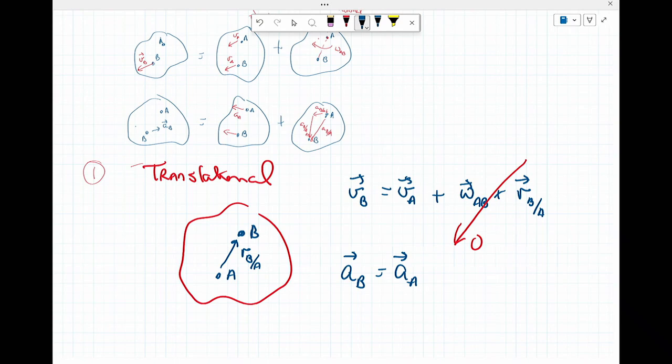So you take the derivative of that, everything is easy. So the best in terms of intuition is going to be translational motion, because you can always say, okay, I got rid of that term, I have these two terms. Everything works out really nicely.